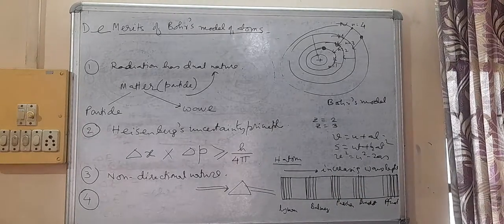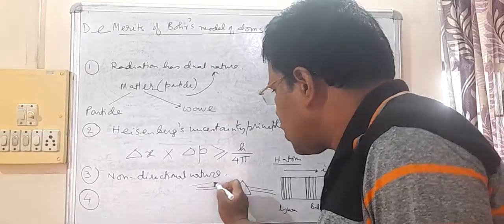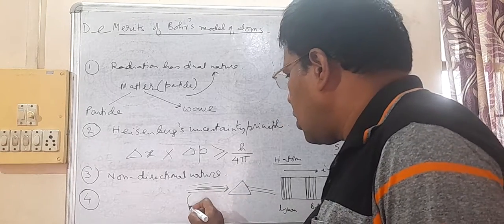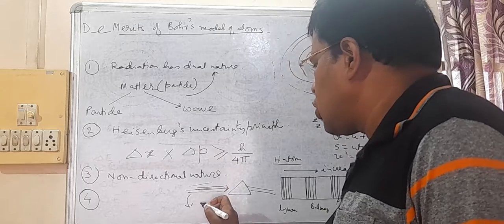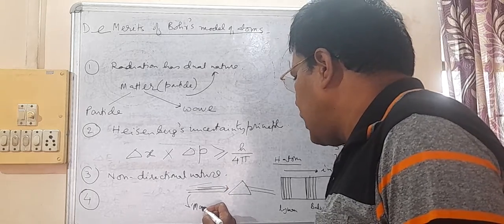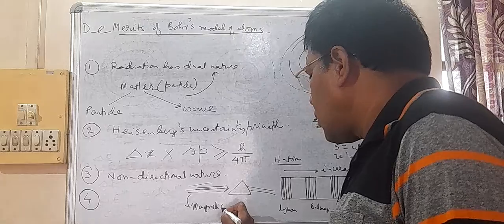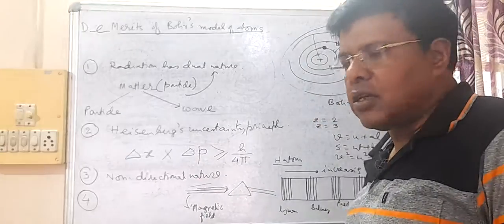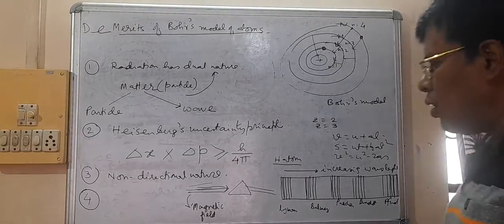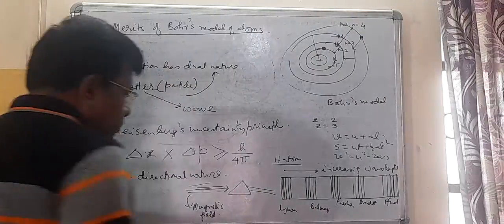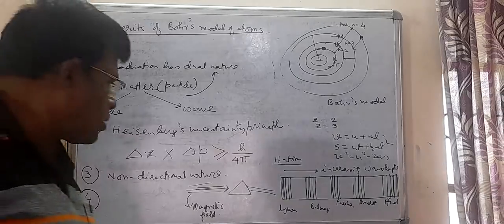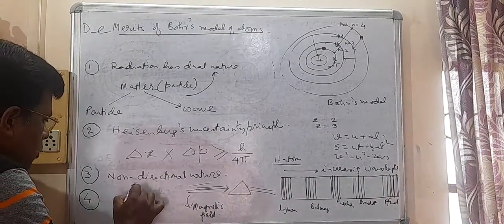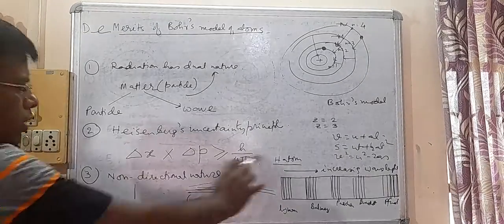Okay, but if these radiations are subjected to a magnetic field, then what is found is that, suppose this is a spectral line that we get.